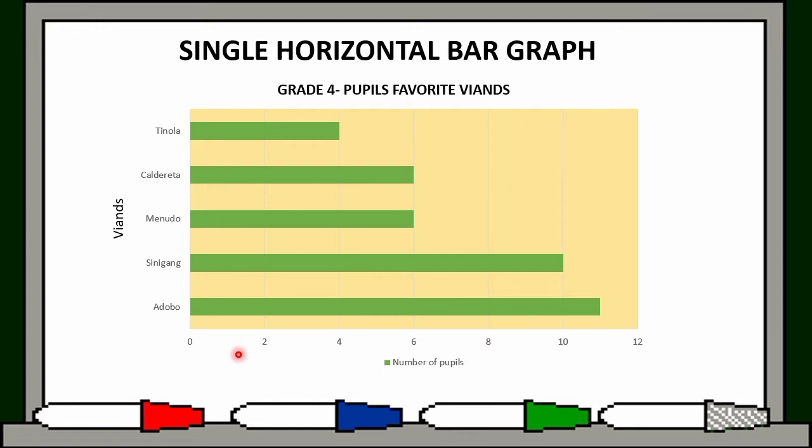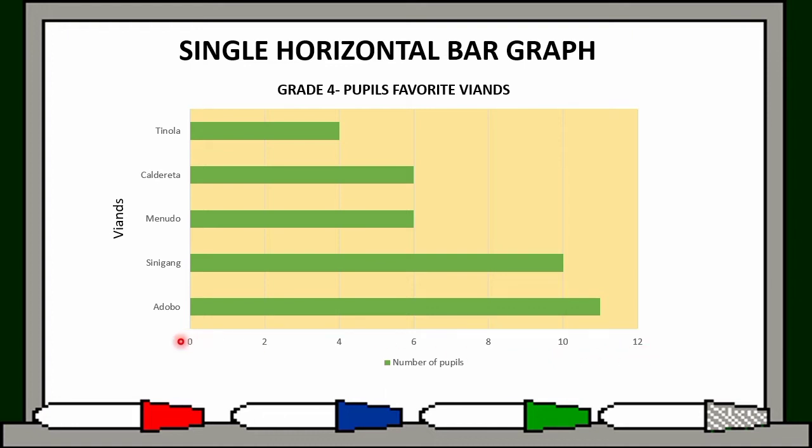Una, tignan mo muna kung ano yung pinaka-highest number. Okay? So, yung pinaka-highest number dun sa tabular form ay 11 pupils. So, pagka 11, pwede kang gumawa ng numbering mo na 1, 2, 3, 4, 5, 6, 7, 8, 9, 10, 11.